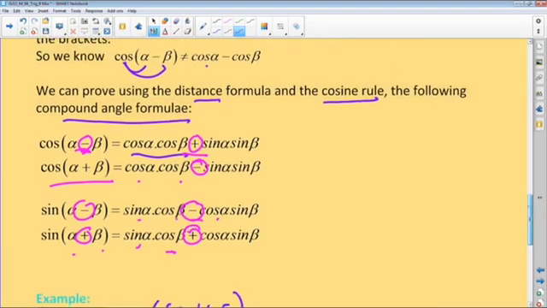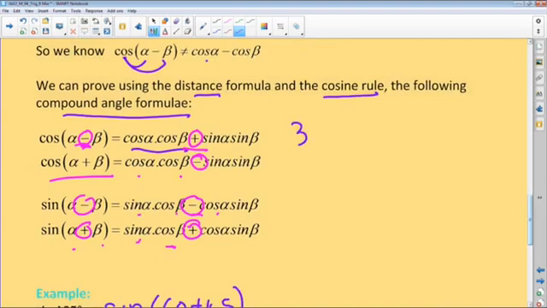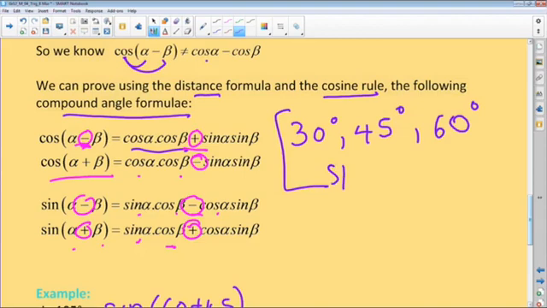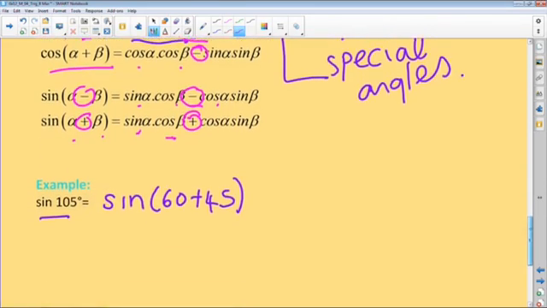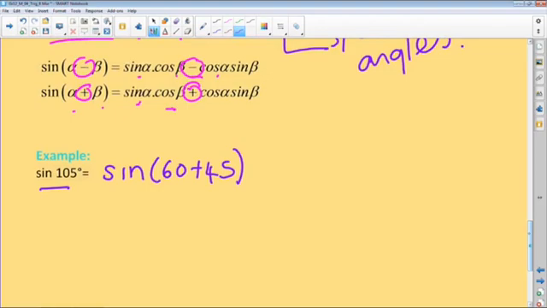So I just want to remind you of the important special angles that you learned last year: 30 degrees, 45 degrees, and 60 degrees. You can have any addition or subtraction combination of these special angles, and you can use compound angles to help you work out the solution without using a calculator, because questions will often say without a calculator.